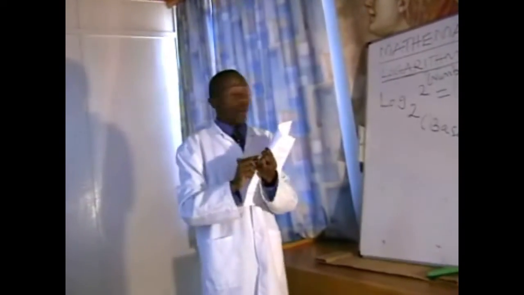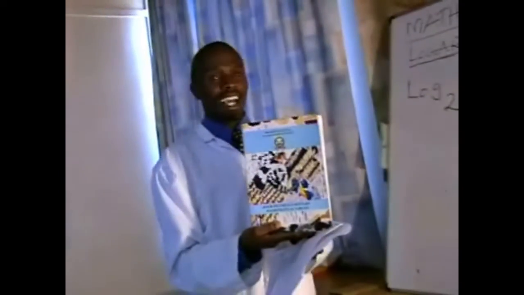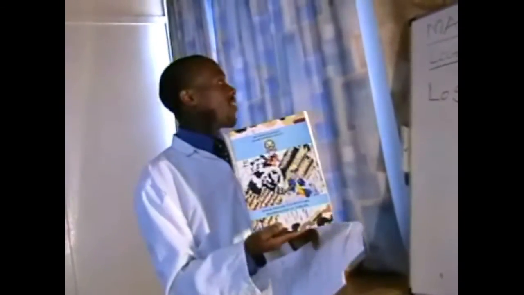Now, with that insight, we can introduce ourselves to the use of logarithm tables. This is a recommended logarithm table by the Kenya National Examinations Council, and we advise students to practice using this table because this is what they expect during their Form 4 exam. Viewers, as you can see, this is how the logarithm table is set.